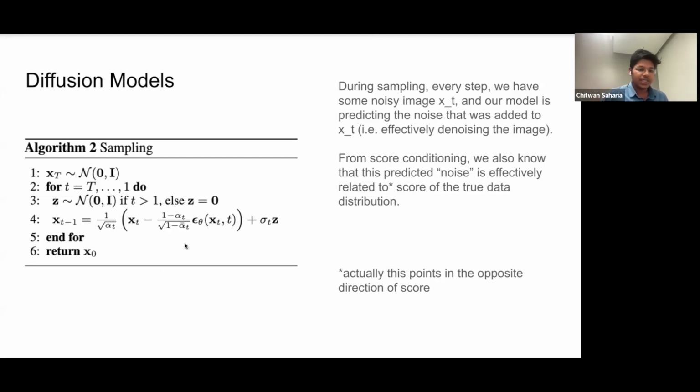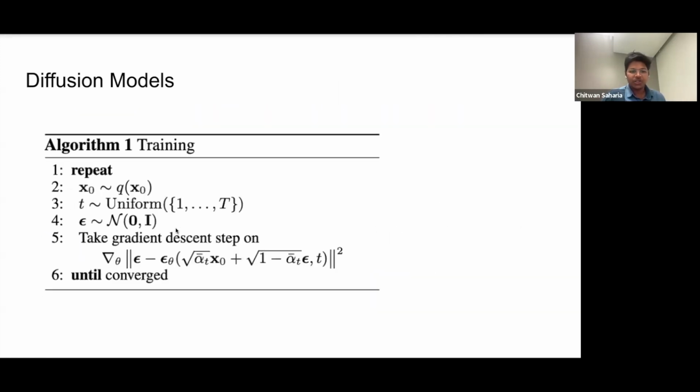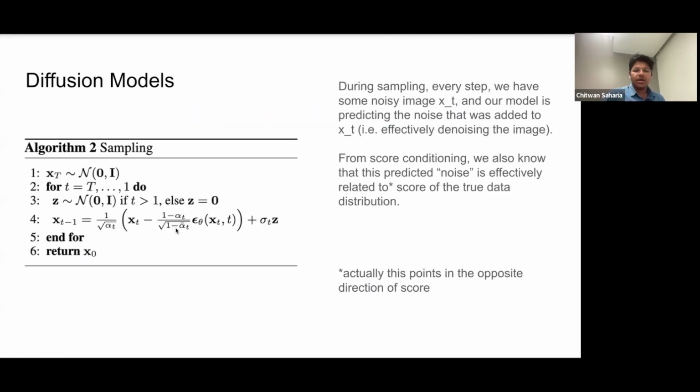So essentially, what we are doing is taking steps in that direction. This noise is actually pointing in the opposite direction of the score, which you would probably have seen when I reparameterized the score function to absorb the negative sign. But essentially this is what we're doing here. Every step we are denoising, and the noise that we get from this denoising process is actually the negative direction of the score. So we just make progress in that score direction.